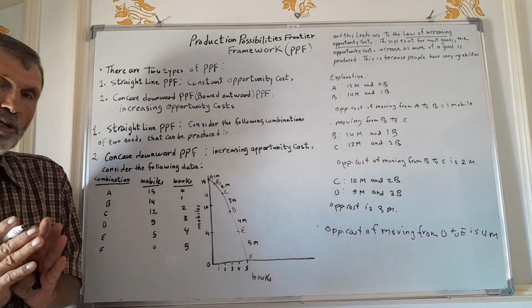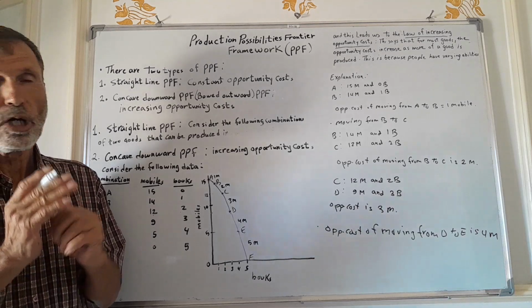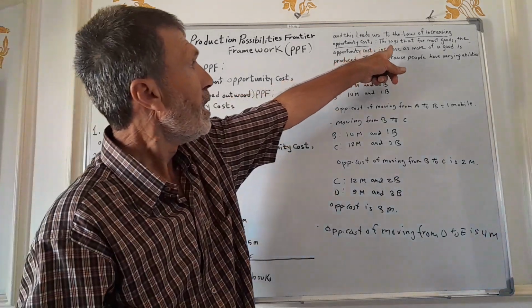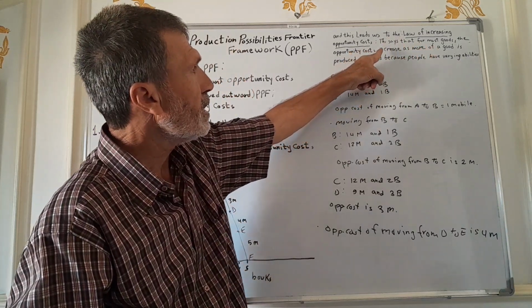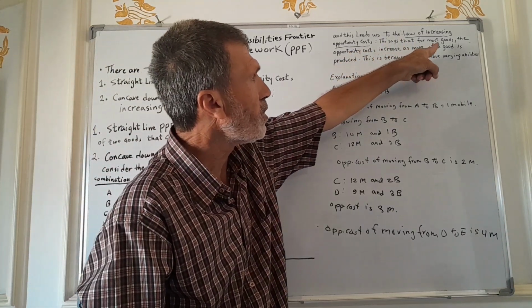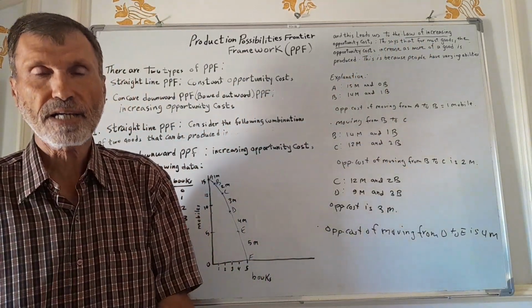That leads us to the law of increasing opportunity cost, which says that for most goods, the opportunity cost increases as more of a good is produced. This is because people have varying abilities.